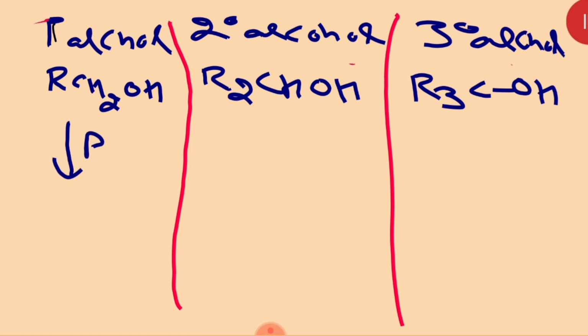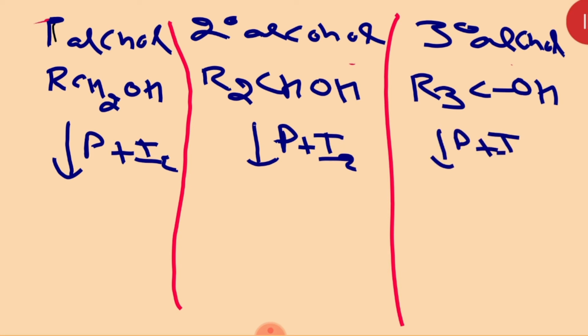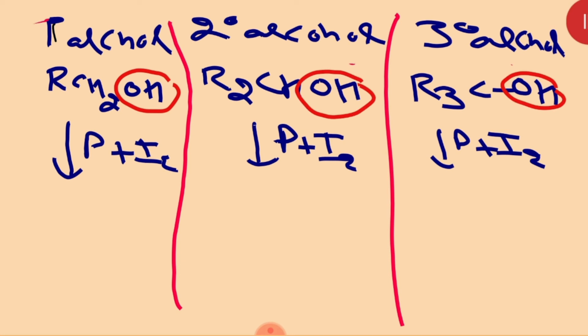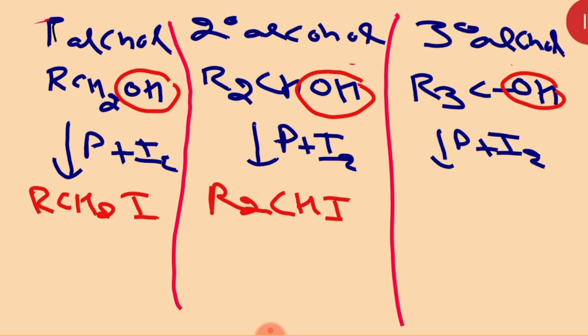We are giving its reaction with phosphorus and I2, P plus I2. Now at the place of OH, what is going to come over there? Halogen will come. ये बन जाएगा RCH2I, और यहाँ पर क्या बन जाएगा? R2CHI, and there it is R3CI. Clear? Now after that we are going to give this reaction.